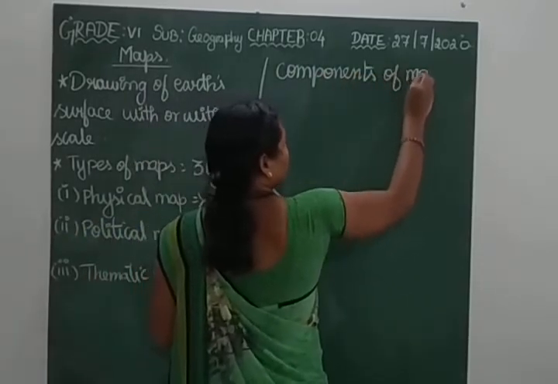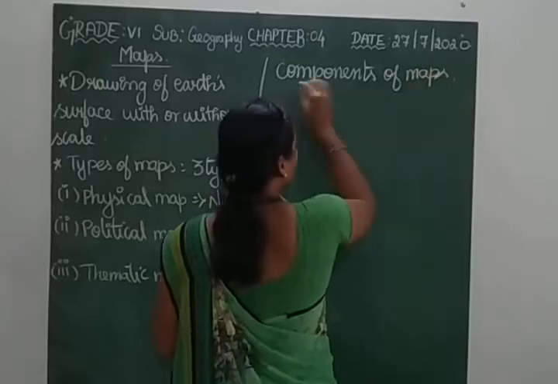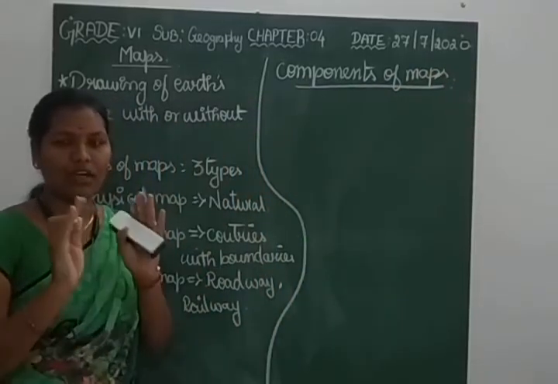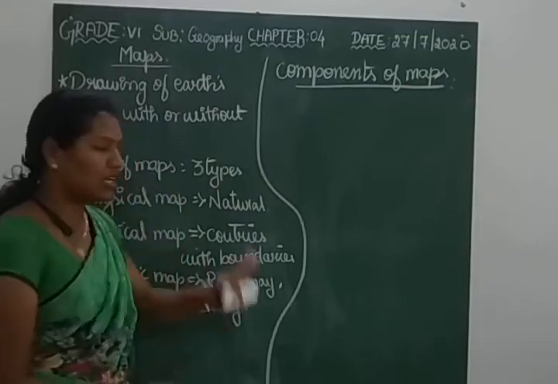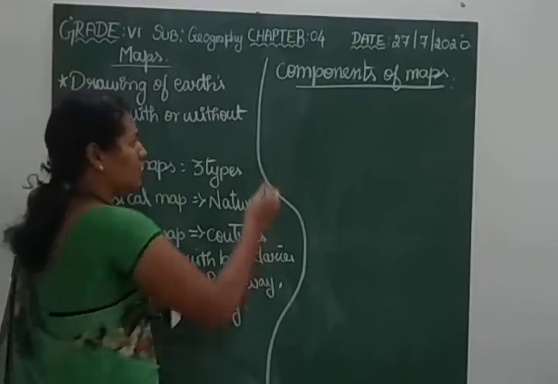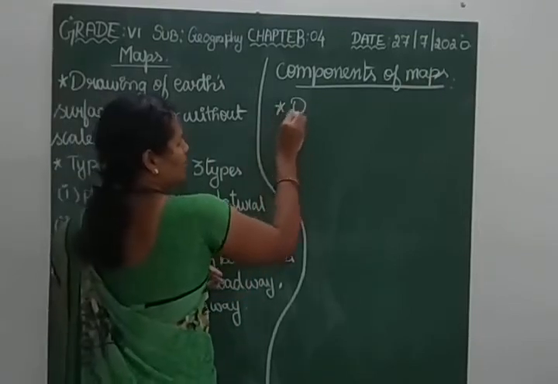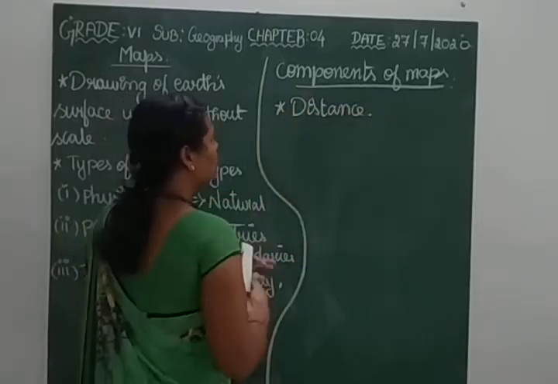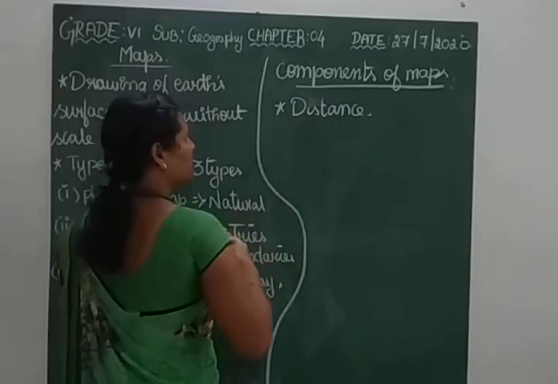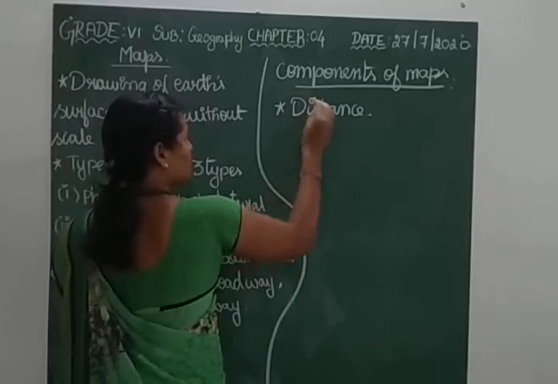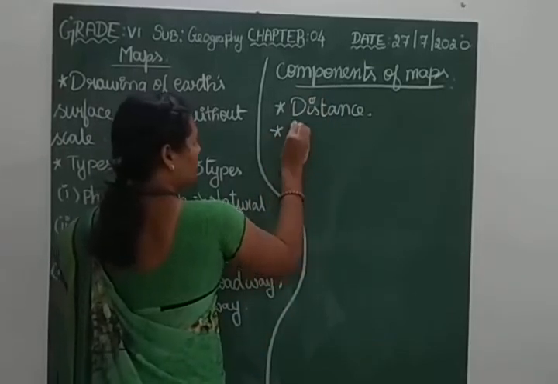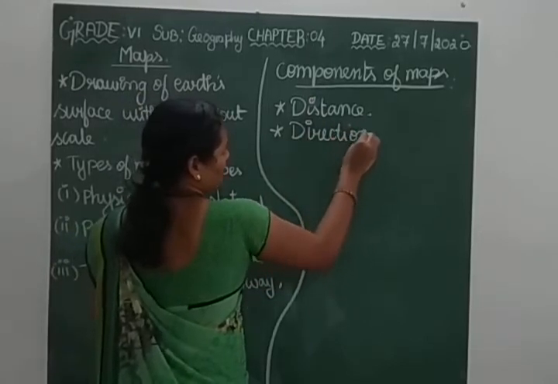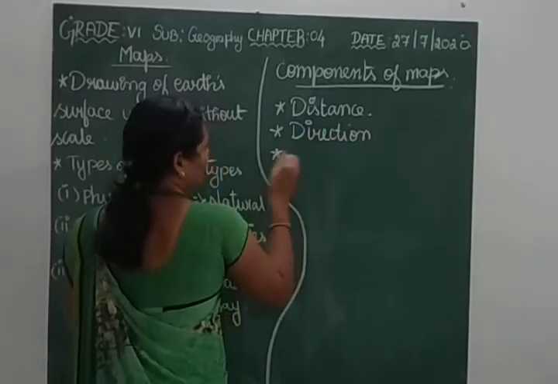Components of map. Based on these components, the maps are drawn. The three basic and main components are distance, direction, and symbol.